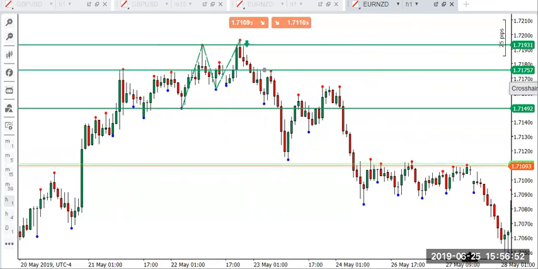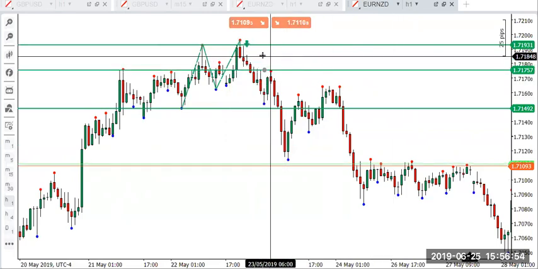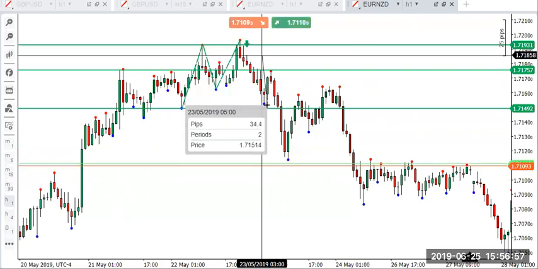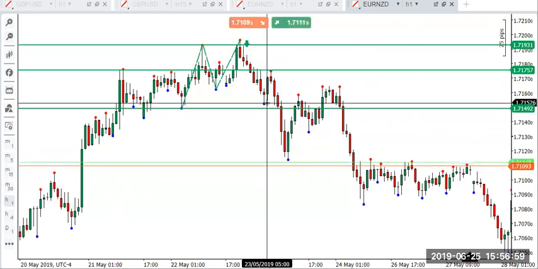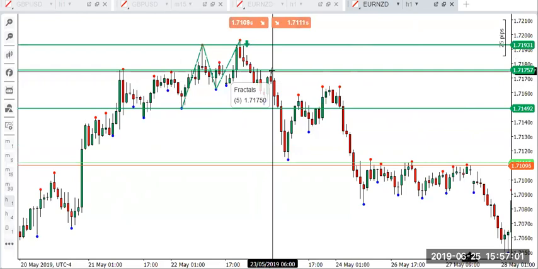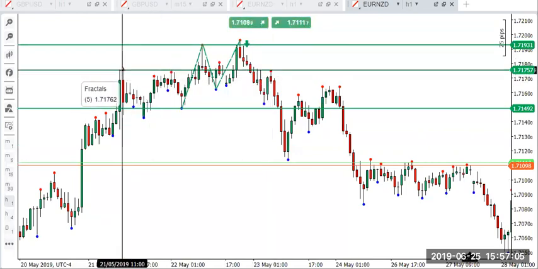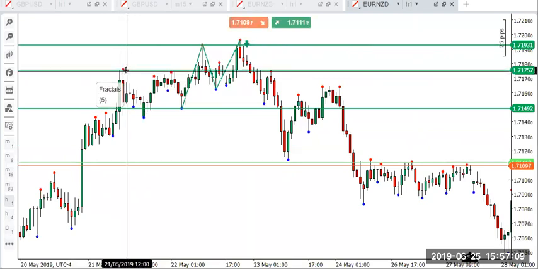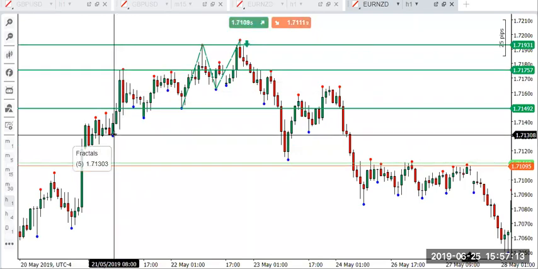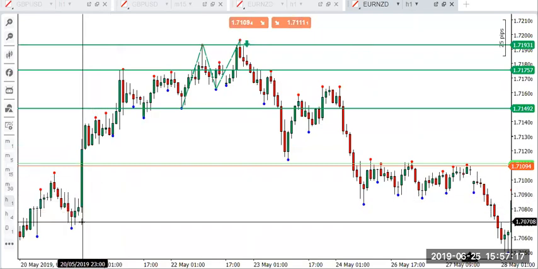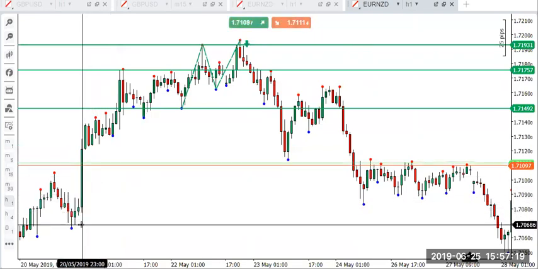All right. So the first entry would have given you, let us say you came out here, say 30 pips roughly. You could have taken a short here again. Now what this is saying to me is that this high that was hunted could probably take us to this swing low right here, or as low as this swing low right here.